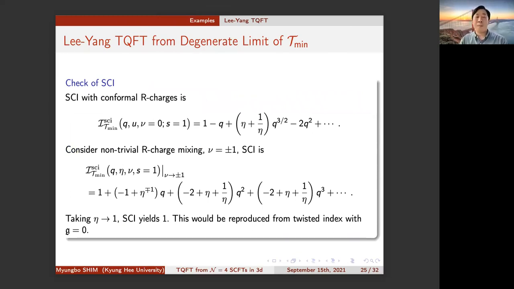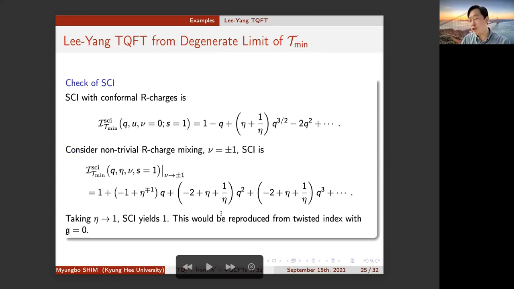As we said before, we primarily check the trivial superconformal index in the degenerate limit. Here's the superconformal index in the IR fixed point, and turning on the new parameter plus-minus 1, we get this expression.